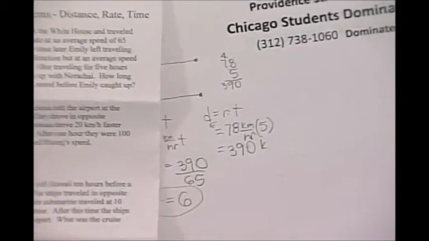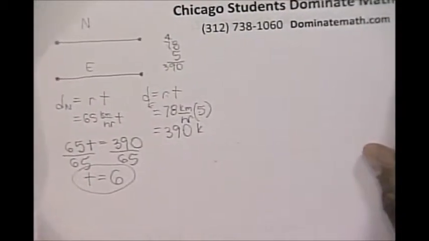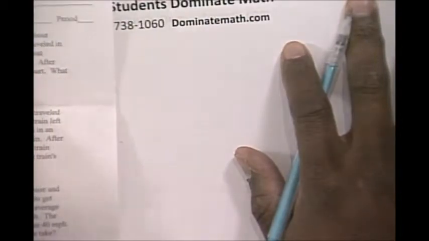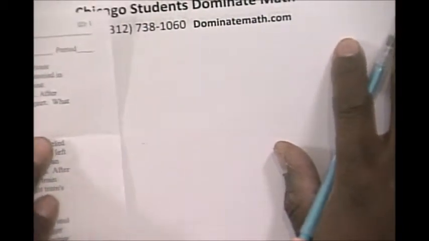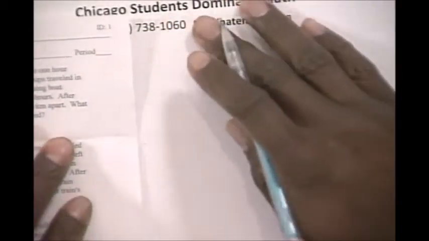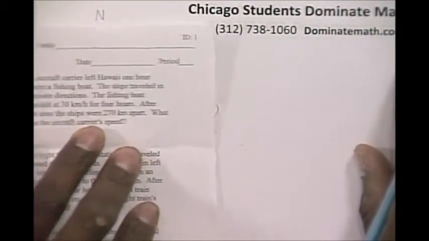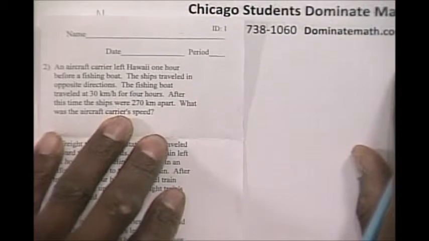All right, so let's look at a different kind of problem. This kind of problem is number 2 here. And again, I really apologize that this print is so small, but I'll read it for you.